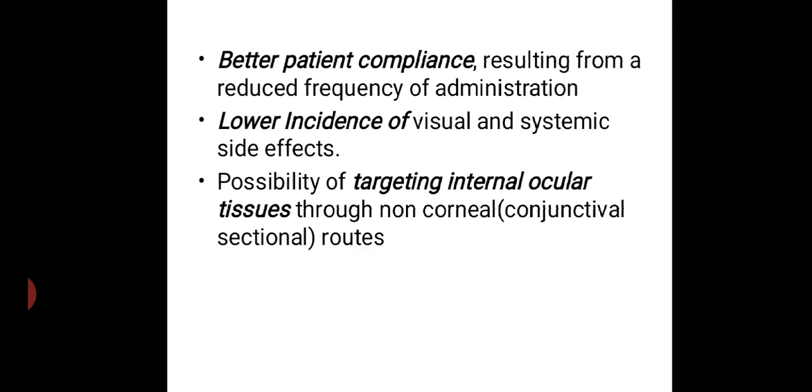So lower incidence of visual and systemic side effects means what? Because here it is made up of transparent membrane, and this membrane also allows the permeation of oxygen, because the eye requires sufficient oxygen to be permeated through the cornea.